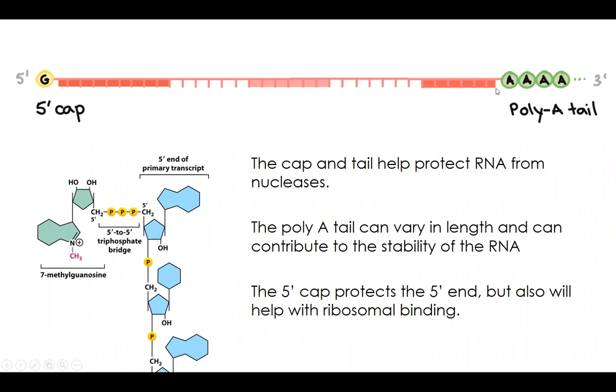The poly A tail can vary in length from transcript to transcript, and it contributes to the stability. Generally speaking, a longer tail will make this more stable, whereas a shorter tail makes it less stable. Transience is a good thing, but you don't want this to be too transient. The cell needs this to stick around for the exact right amount of time, because as we'll find when we talk about translation, as long as this RNA molecule remains intact, multiple ribosomes can keep trucking along, producing protein.